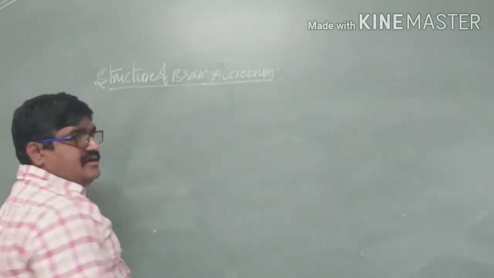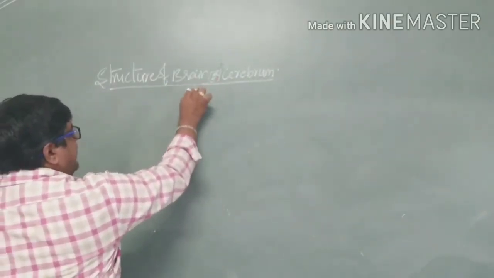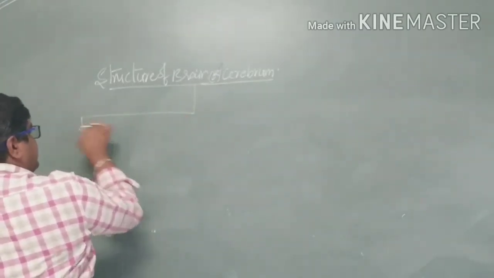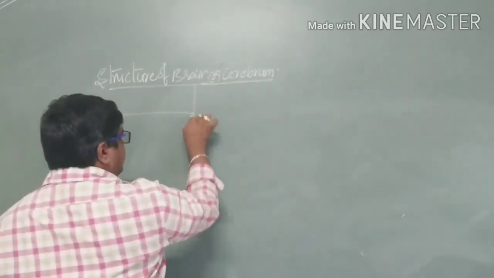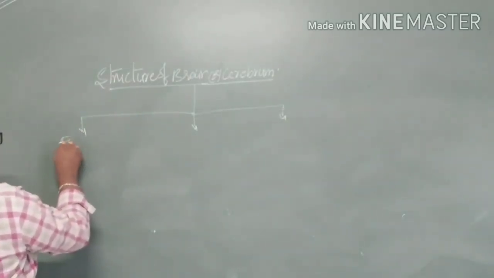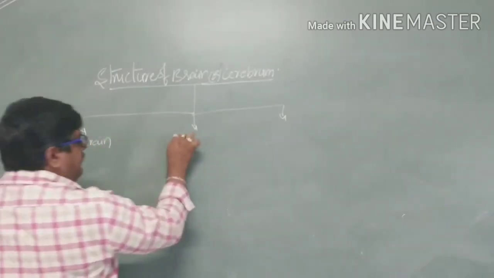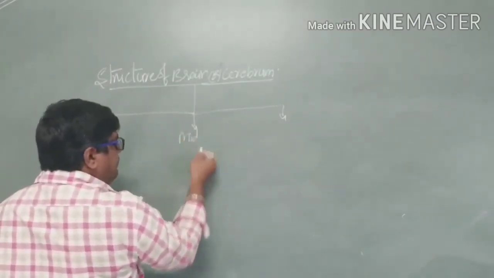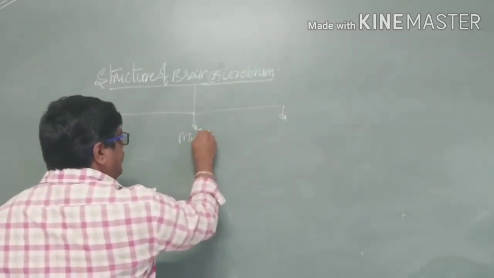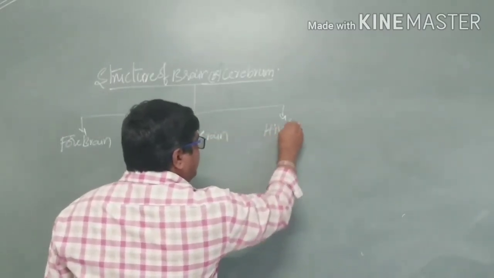The structure of the brain or the cerebrum is divided into three regions. One is called the forebrain, the midbrain and the hindbrain.